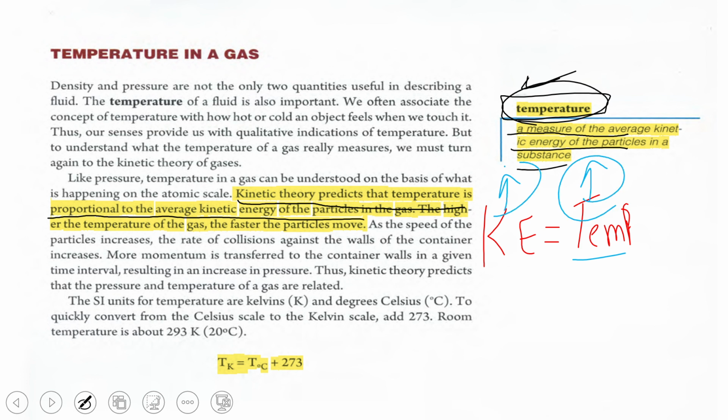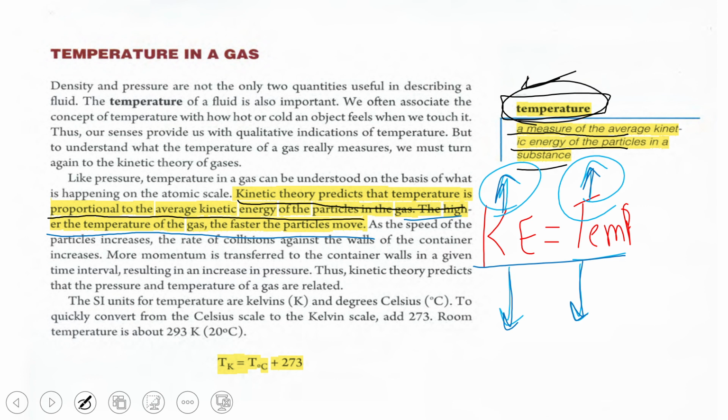Both of them increase or both of them decrease. If you give them less temperature, of course the particles move slowly. But if you give them more temperature, of course the kinetic energy is higher and they move faster. So here it is written: the higher the temperature of the gas, the faster the particles move. You have a strong relation between kinetic energy of the particle and temperature.